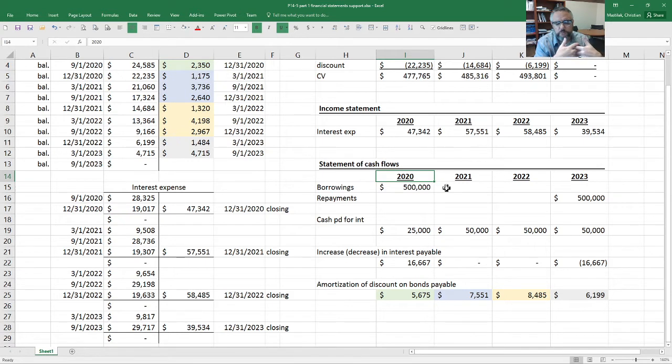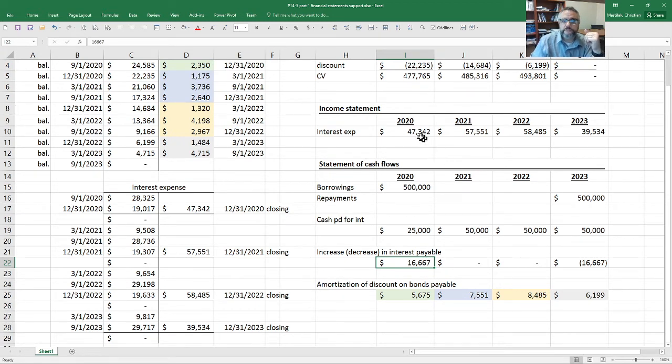If you think about what you do in the operating section of the statement of cash flows, you start with net income, you add back non-cash expenses, and then you add back changes in current liabilities and subtract changes in current assets. And so what I forgot to do is mention that this increase in interest payable is an increase in a current liability.